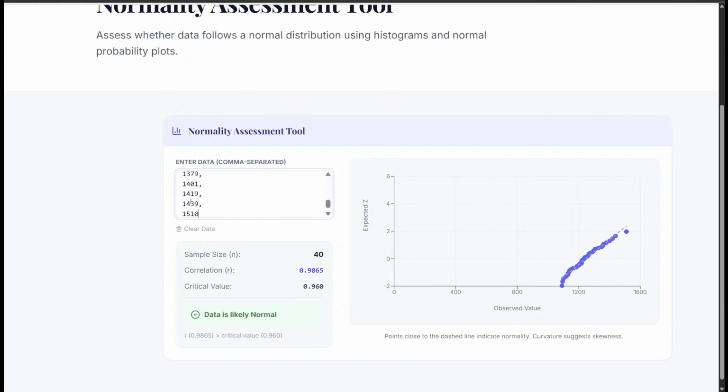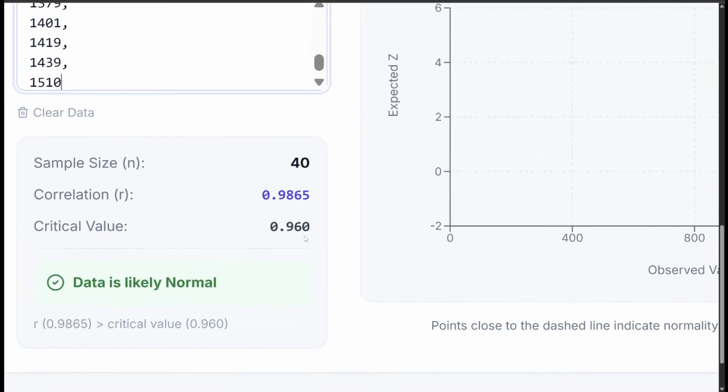So here's another one. What do you notice about the critical value? This one is less, yes, so this one's normal. But the more points I put, now it's never going to go up again, or is it?